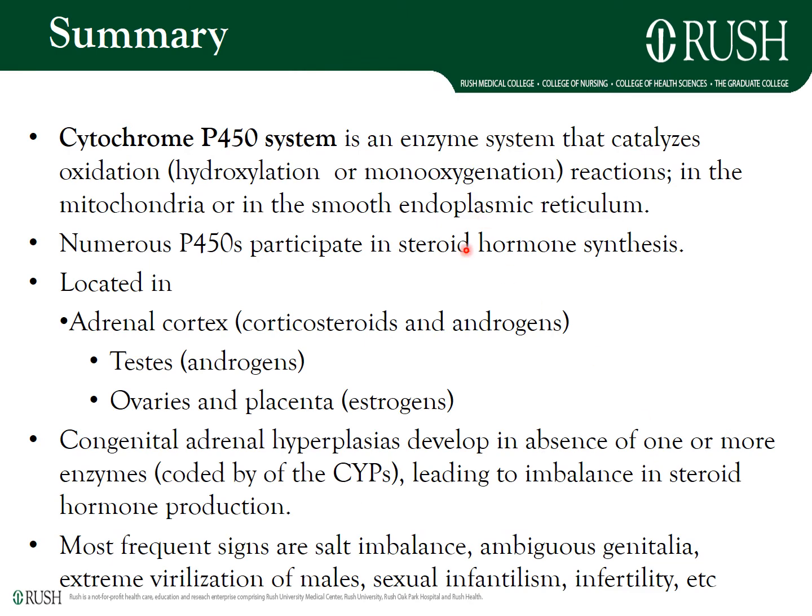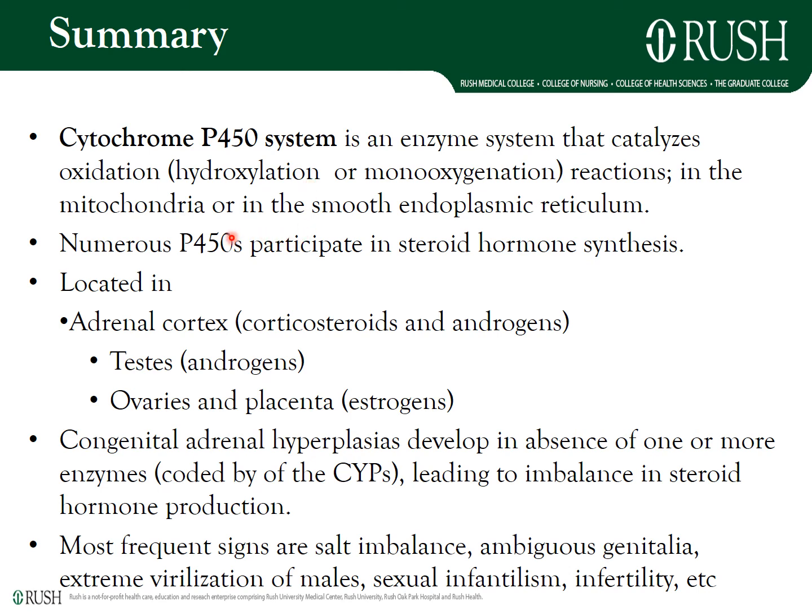So, very quickly, what I talked about today is we recapped that for steroid hormone synthesis, we need the cytochrome P450 system, which is called mixed function oxidase; hydroxylation and monooxygenation reactions are catalyzed.